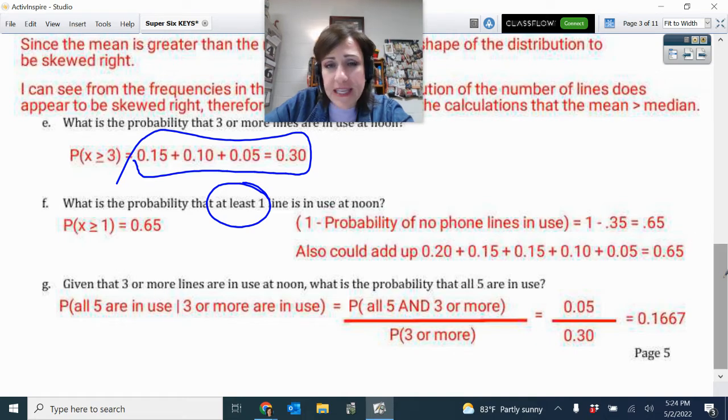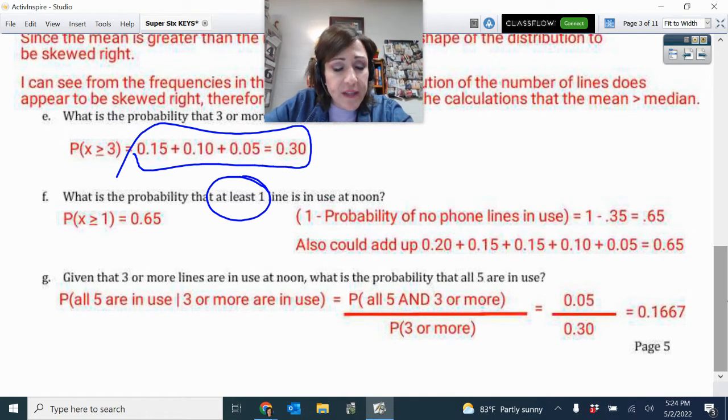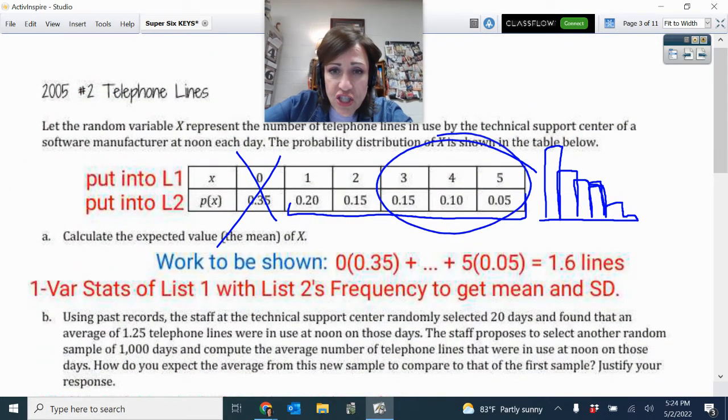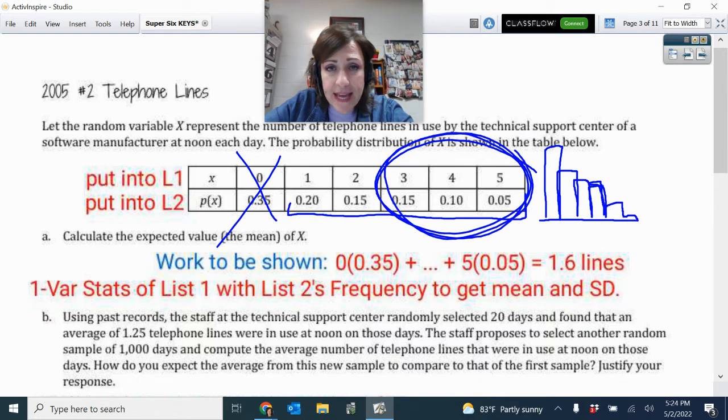Now, here comes the conditional. Given that 3 or more phone lines are in use, so that's out of the 30%. Okay, so out of this section here, what's the probability that there was 5?